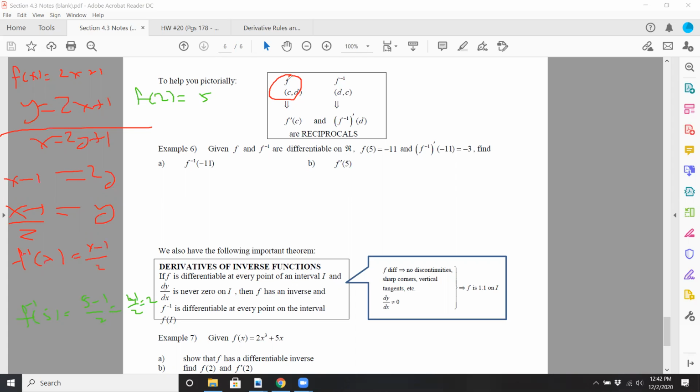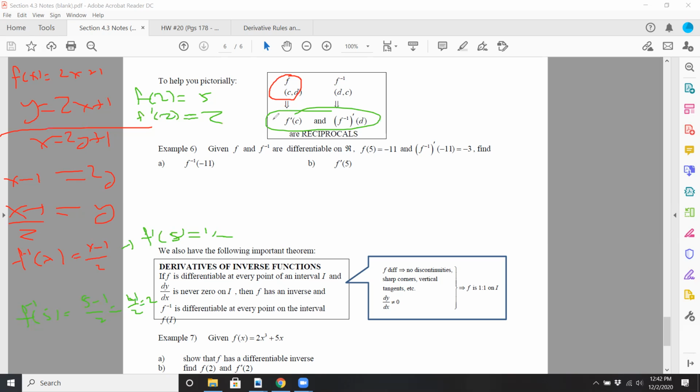So if you have c comma d for the original, then you have d comma c for the inverse. So whatever f prime of c is, f prime here is going to be f prime of 2, actually. It's just going to be 2. Derivatives, it's very simple, just 2 here. My derivative here is going to be 1/2. Even if I plug in 5, it doesn't really matter, because you get 1/2 anyway for your derivative. And those are going to be reciprocals of each other.